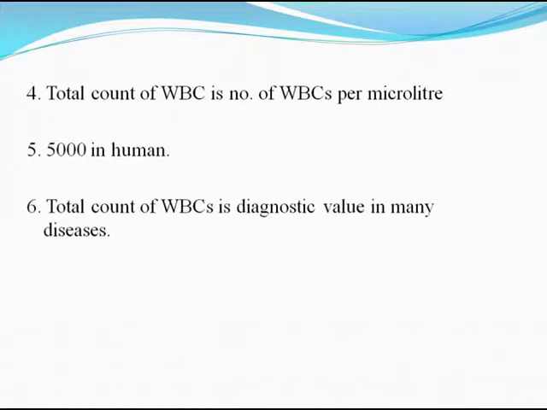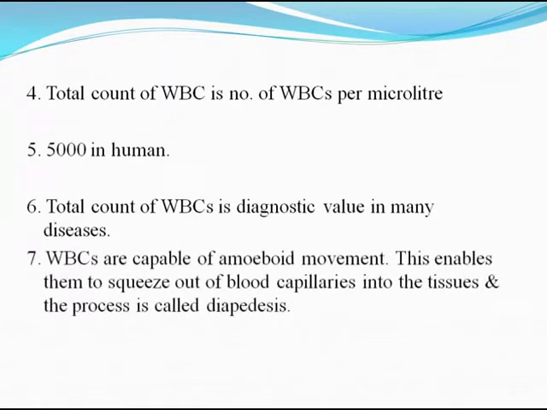That's why we call it a diagnostic value in many diseases. There is an interesting feature about WBCs, and what is this? WBCs are capable of amoeboid movement, or we can say WBCs can change their shape like an amoeba. This enables them to squeeze out of blood capillaries into the tissues, and the whole process is called diapedesis.